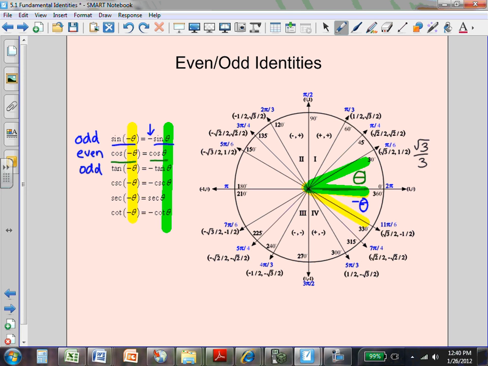If we go down into the fourth quadrant with negative theta, it's the same steepness, but it's a negative slope, so its tangent value is negative root 3 over 3. So you see that the tangents are opposite of each other. Okay, so that does it for sine, cosine, and tangent. The same things will happen with their sisters, the reciprocals, with cosecant, secant, and the cotangent.